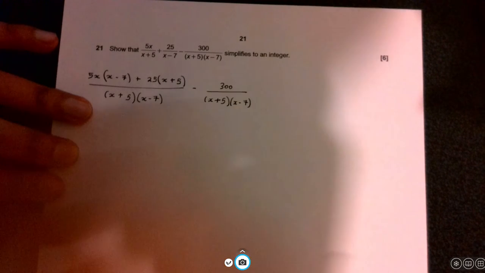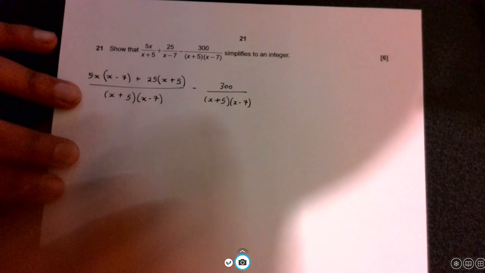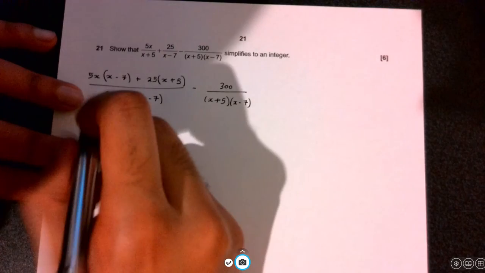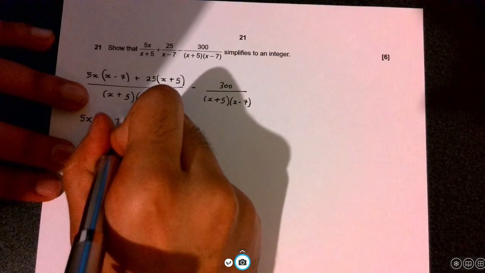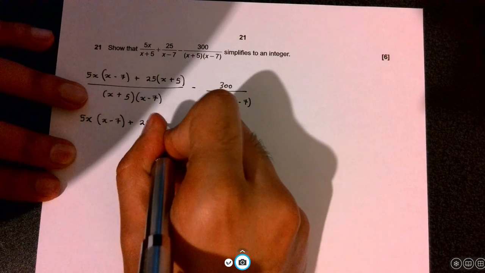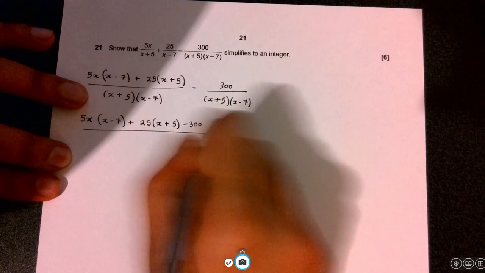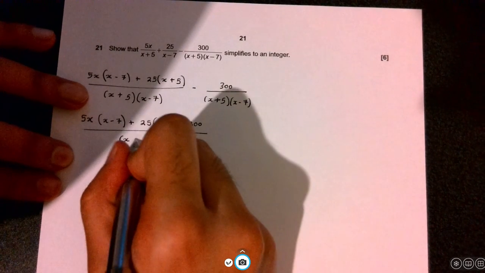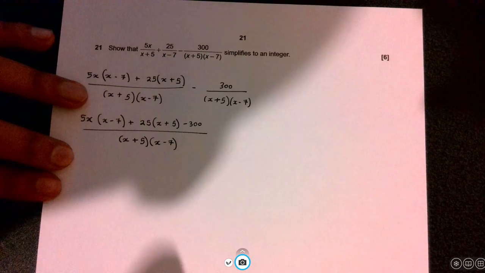Because we have this common denominator of (x plus 5)(x minus 7), combining these we have 5x lots of (x minus 7) plus 25 lots of (x plus 5) minus 300, over (x plus 5)(x minus 7).